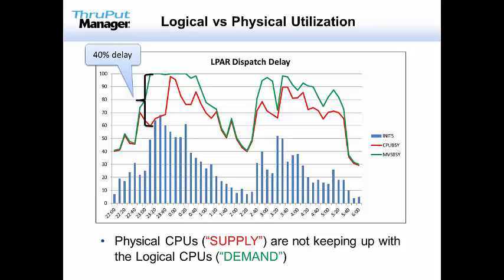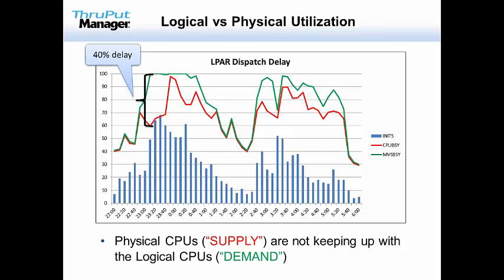So where the green value represents the demand of the LPAR, what the applications within the LPAR are demanding in order to serve these applications, the red line is the effective CPU, that is the utilization of the physical cores that are serving this LPAR.